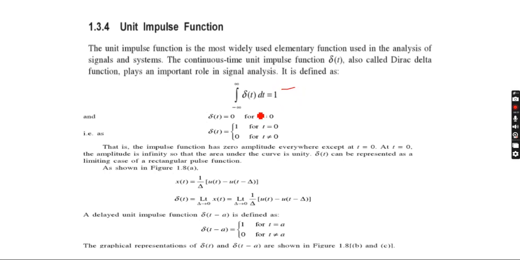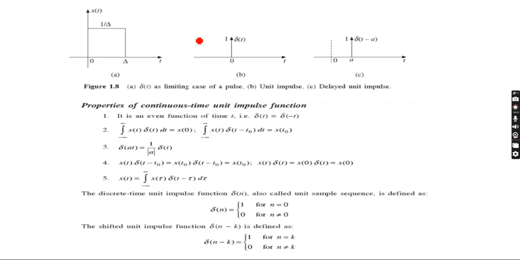The value at t equal to 0 is the amplitude 1, so it is 1. This is the graphical representation of the unit impulse signal.